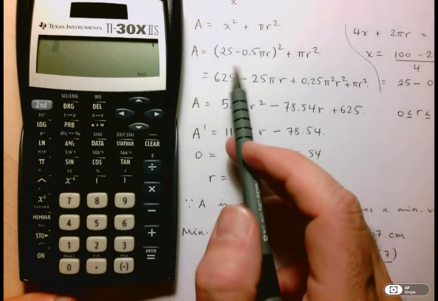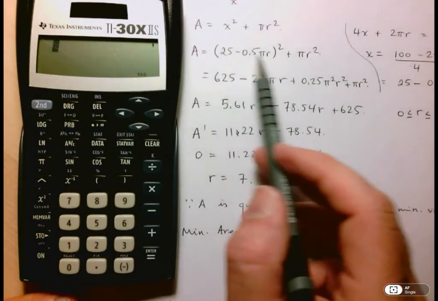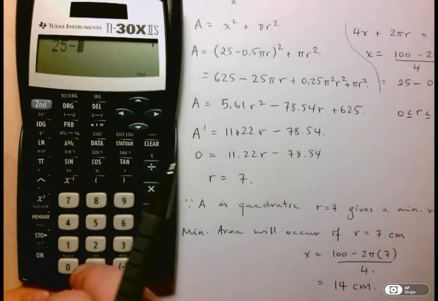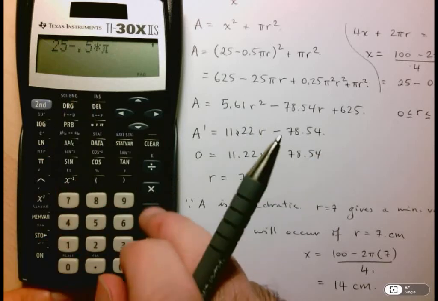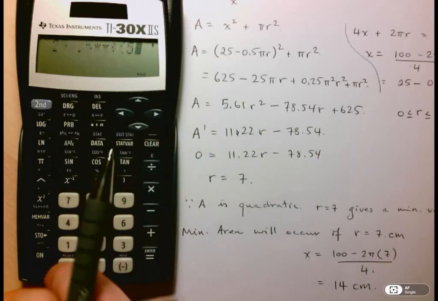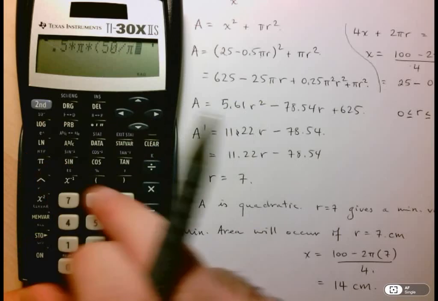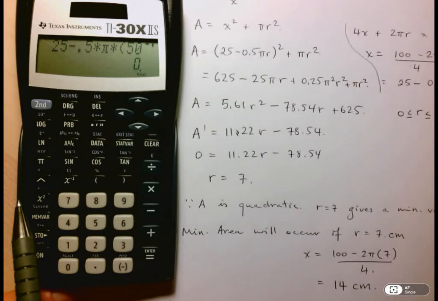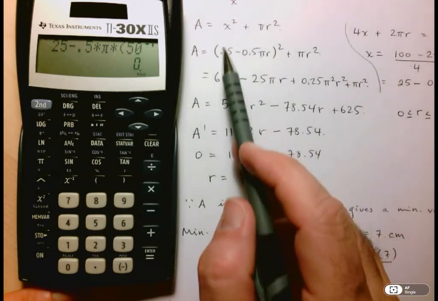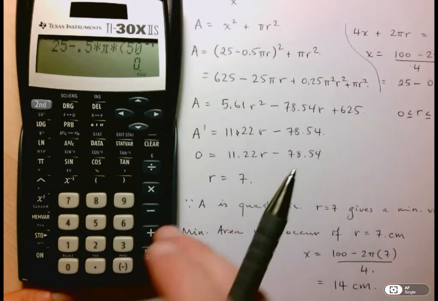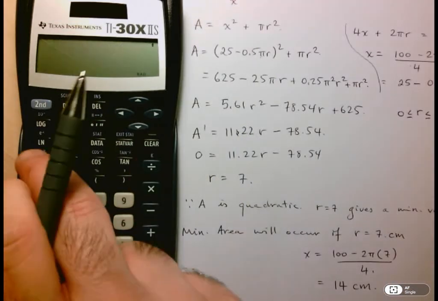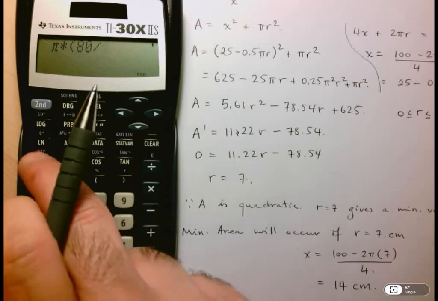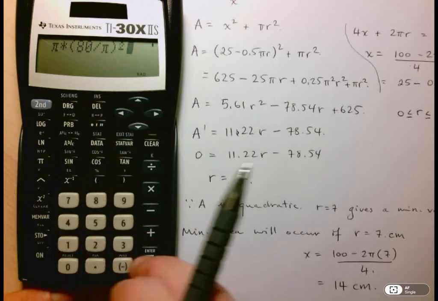So let's calculate the area. I'm going to use this expression here as opposed to that one; it just seems a little easier. So let's start with 25 minus 0.5 times pi times our radius of 50 divided by pi. That whole thing is equal to 0, not surprisingly, because the whole wire is taken by the circle, and so I'm just left with pi r squared. So pi times 50 divided by pi, squared.